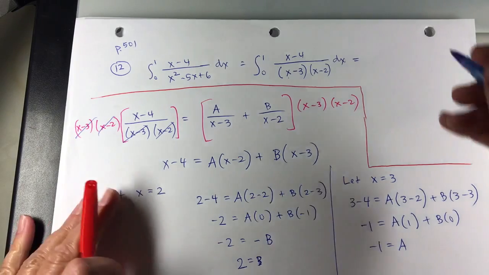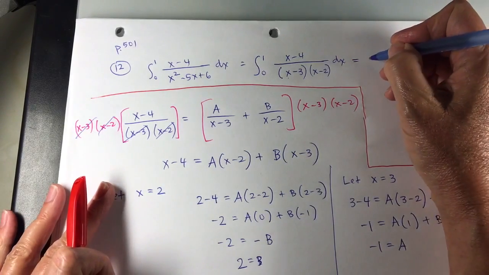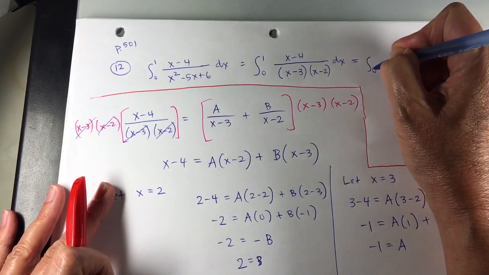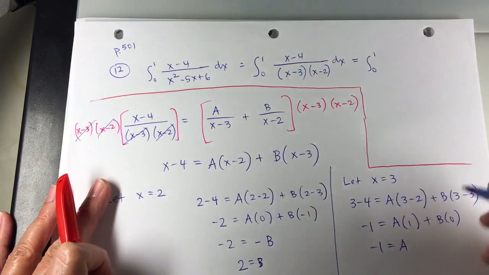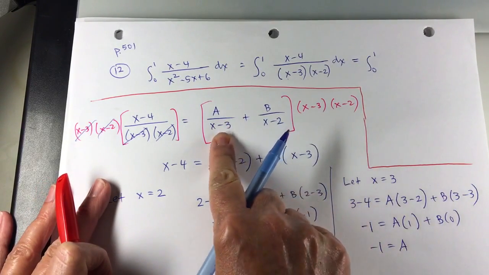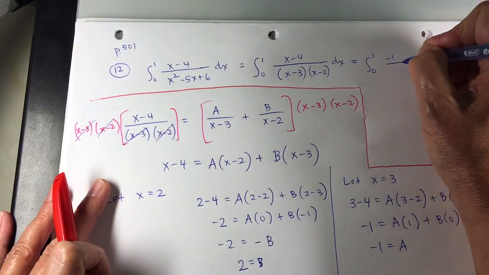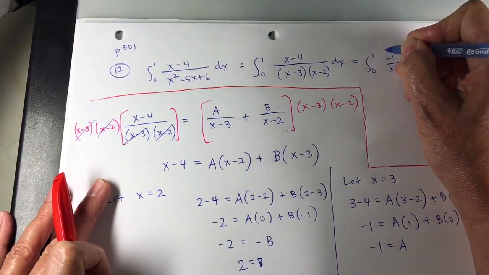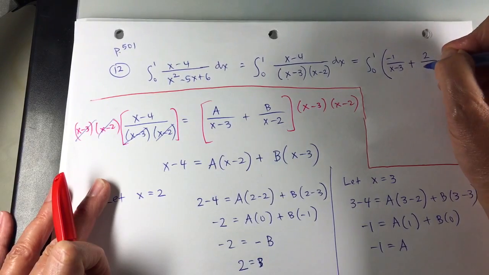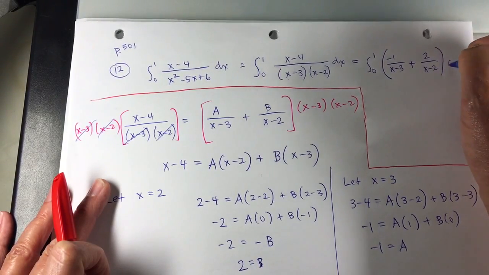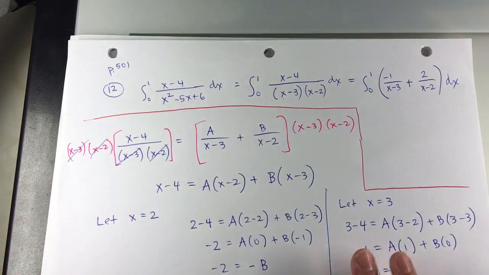This is a definite integral, so I'm going to have a little bit more to do. So a over x minus 3, a was -1, plus b was 2 over x minus 2. There's my calculus problem now.